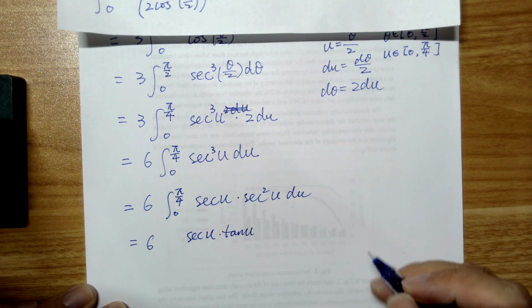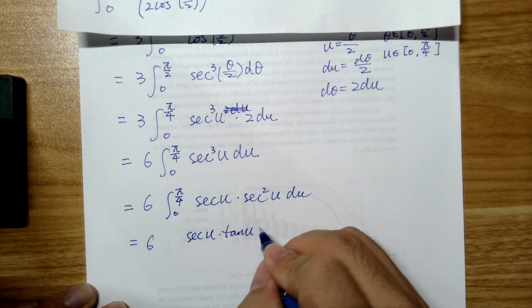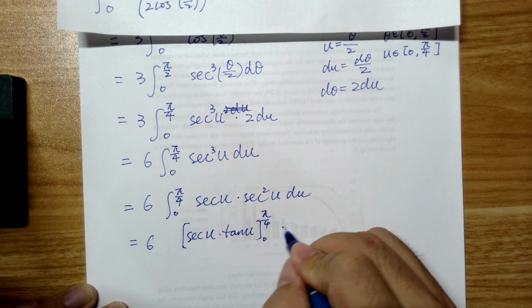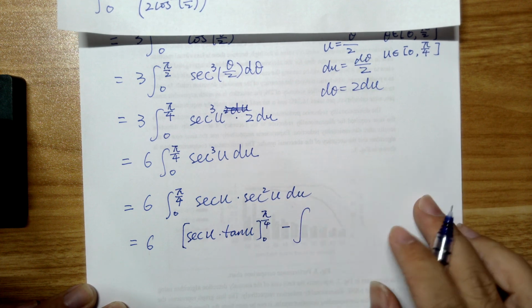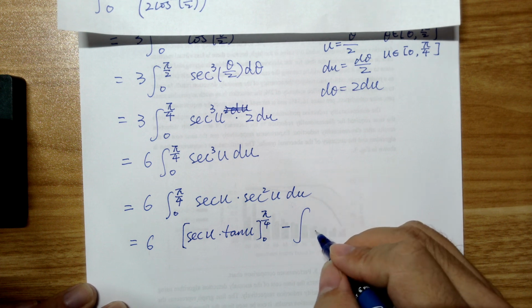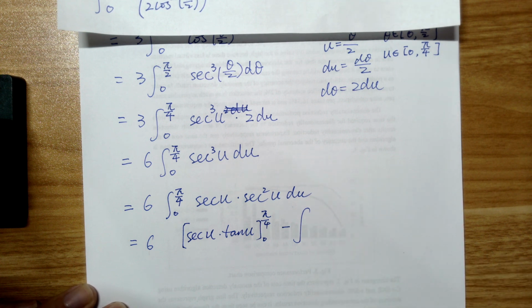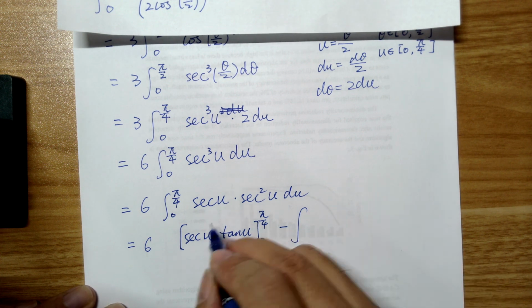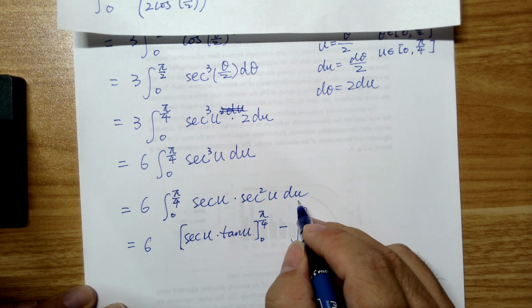Okay. And then, of course, do the evaluation from 0 to pi over 4, okay, minus the integral, which is tan, which is the, let me see what we have here. So this is u, this is dv, right?